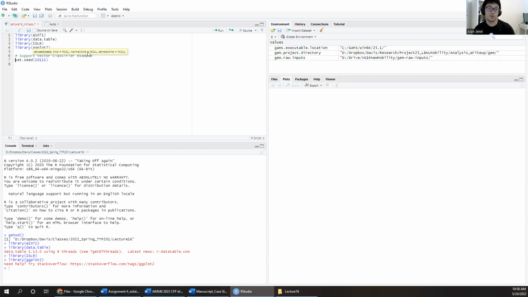The way that a random draw happens is based off of some kind of seed value, and if you use set.seed, you can choose what that is.